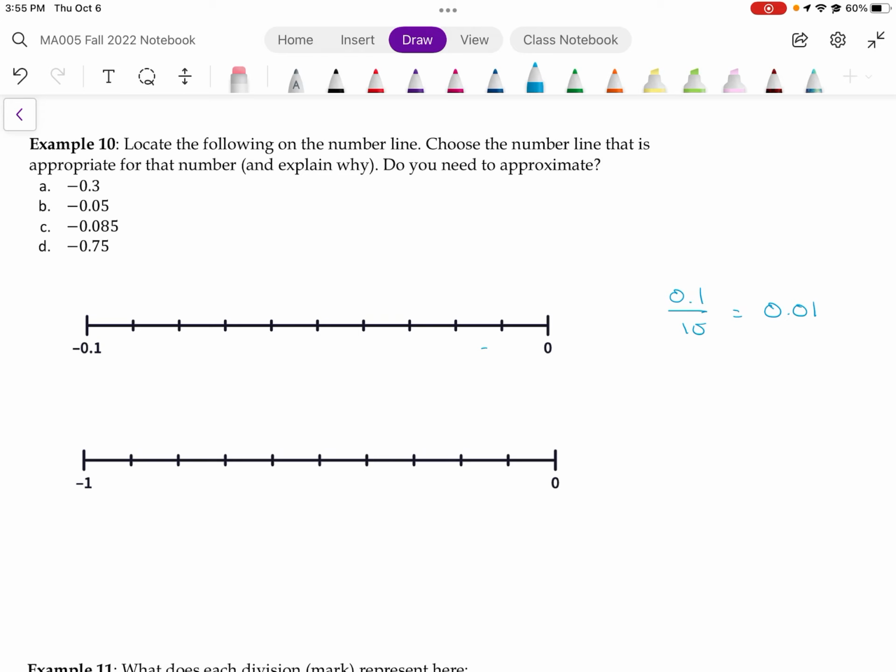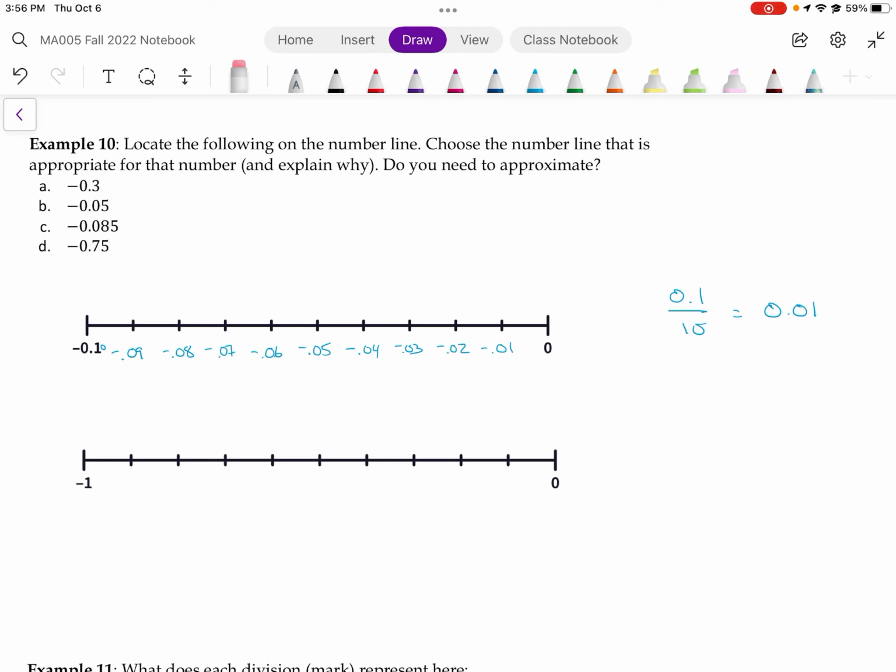So we've got negative 0.01, negative 0.02, negative 0.03, and so on. Make sure you get to where you should be. The next one would be negative 0.10, right? So that's 0.1. All right, so negative 0.3 is not going to be on that one, because that would be way over there.